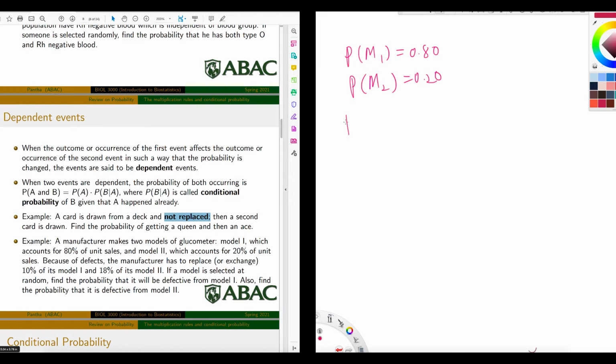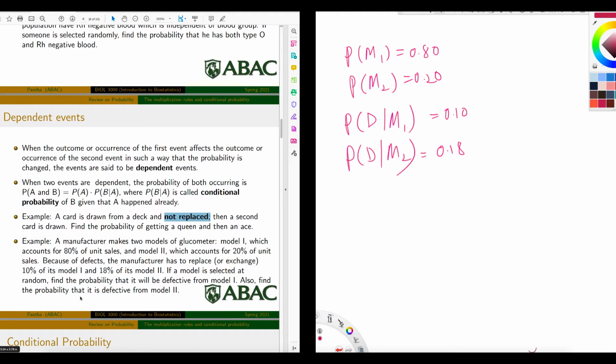So what does that mean? That means the probability of defect in model 1 is 0.10. What is the probability of defect in model 2? Because what it says is 10% of model 1, that means the probability of defect given that it is from model 1 is 10%, and the other one is 0.18, 18%, in model 2. That's what it is saying.